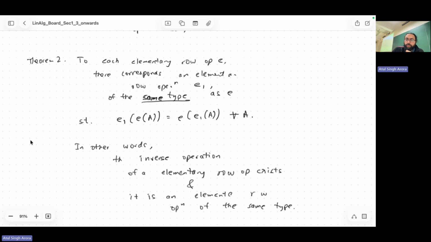Yeah, it's not really saying anything about the inverse, so maybe I said it wrong. There exists an operation E1 of the same type as E. In the textbook it says that it's equal to A. Did I write it wrong? Okay, that's what I remember now.